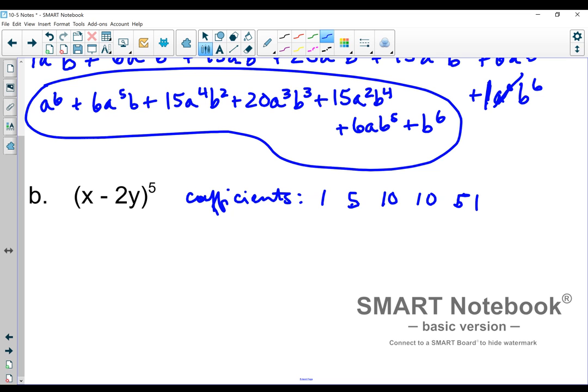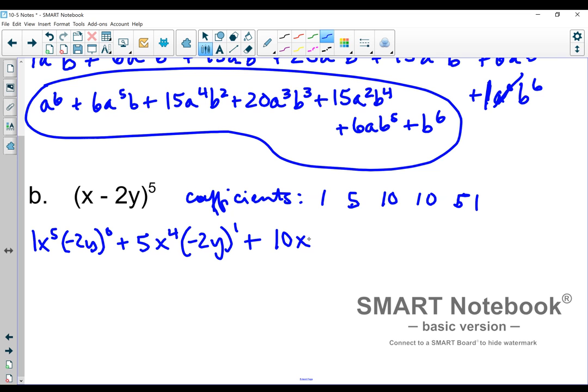And so I'm going to have 1 times x to the 5th times that negative 2y to the 0. And then I have 5x to the 4th, negative 2y to the 1st. And then we have a 10x cubed, negative 2y squared.